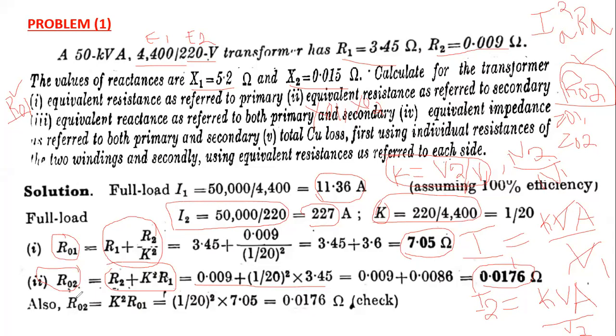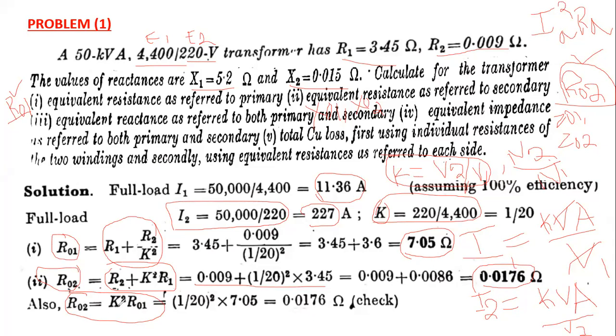There is also another formula for determining the equivalent resistance referred to secondary, R02. R02 is equal to K square into R01. What is R01? Its value is 7.05.